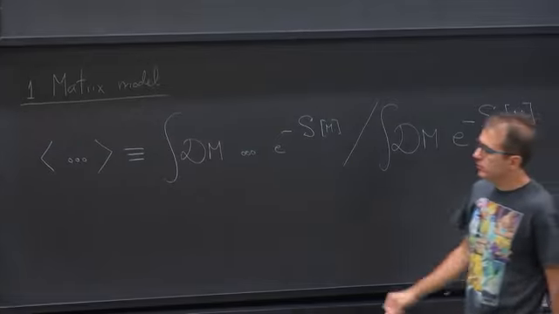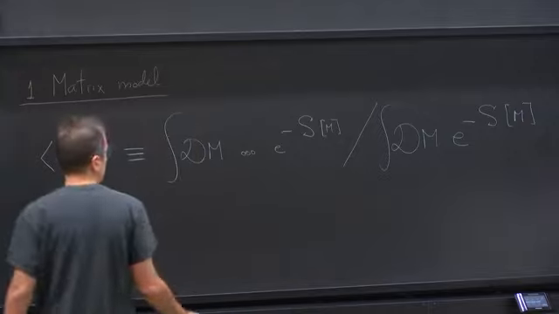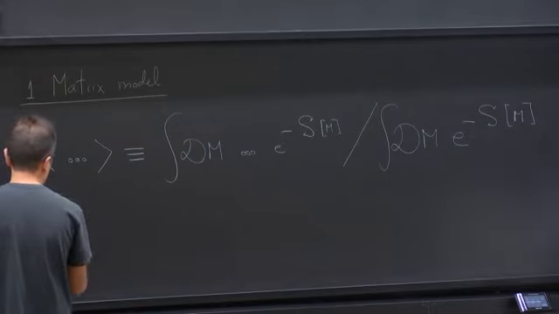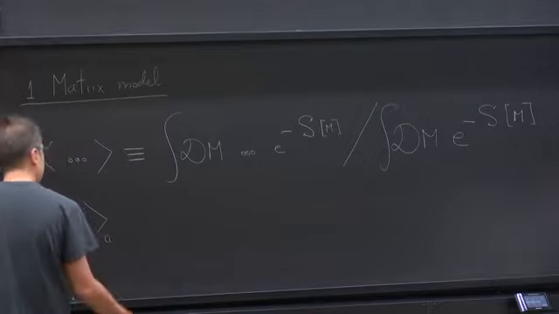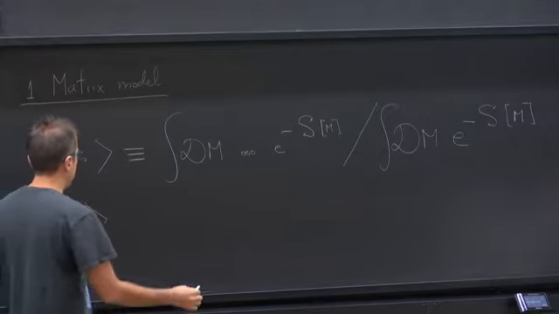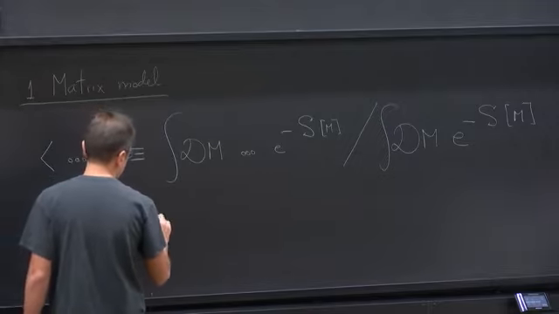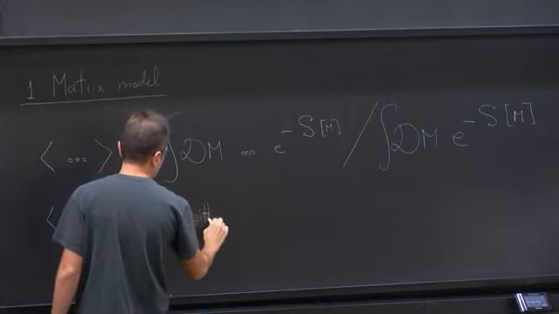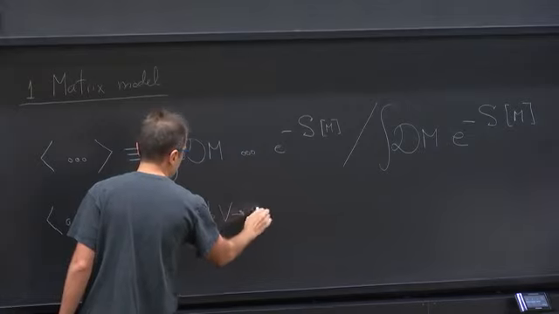So this is the definition of our matrix model. Let me also define the expectation value, maybe with an index 0, to be the same with no potential.